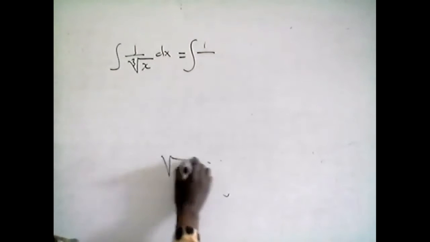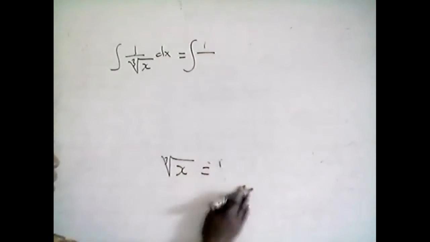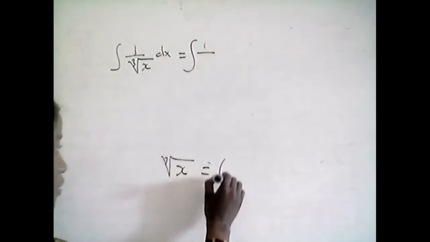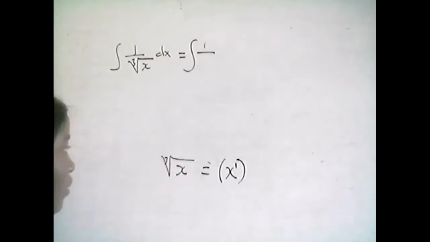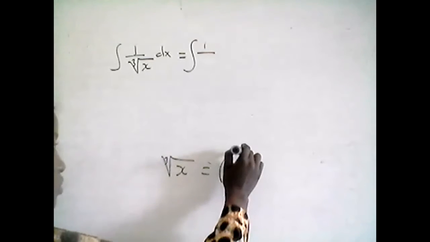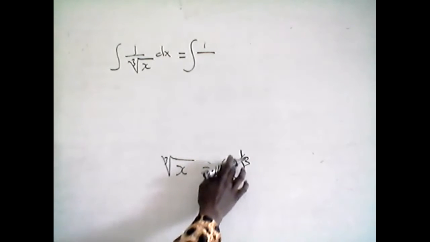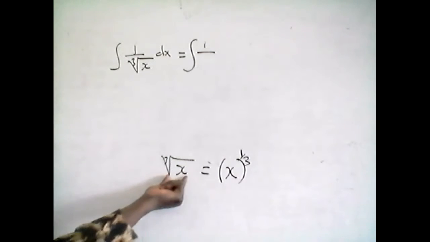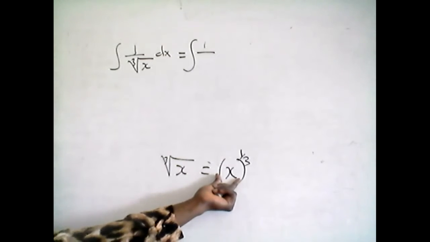If you have this 3, this is just the same as x to the power 1 over 3. This is the root, so it is 1 over 3, and the power here is 1. Instead of using this, I'll prefer using that.